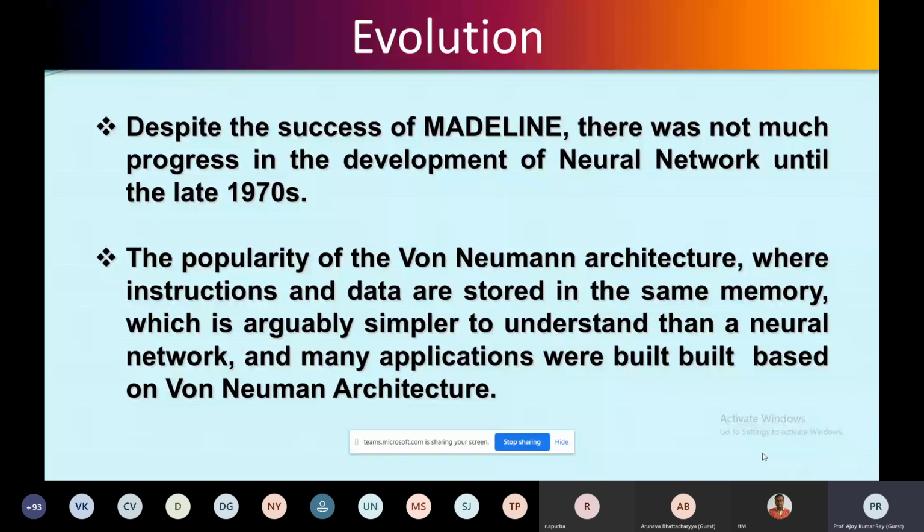Somehow people thought that perceptrons, etc., were no good. But during this time, there were a lot of developments in game theory, in theorem proving, and in theoretical computer science, which gave a very good basis to artificial intelligence.